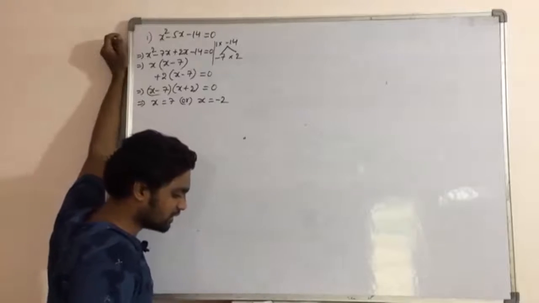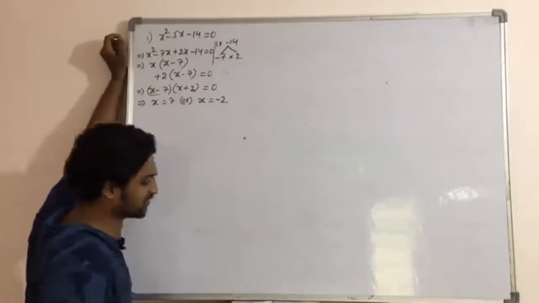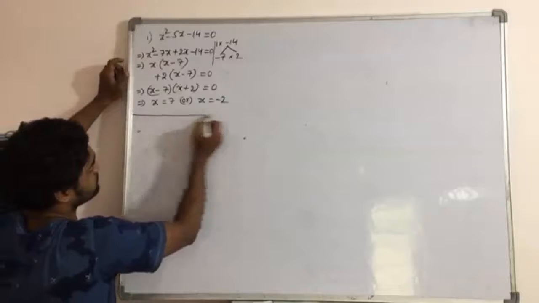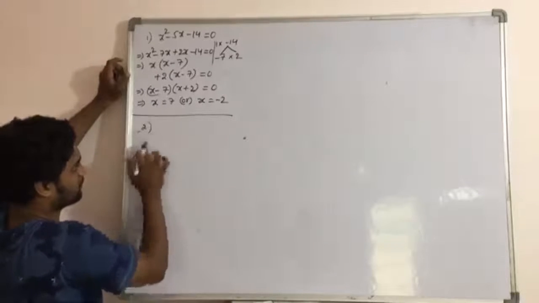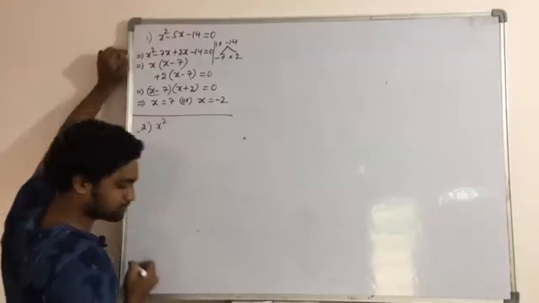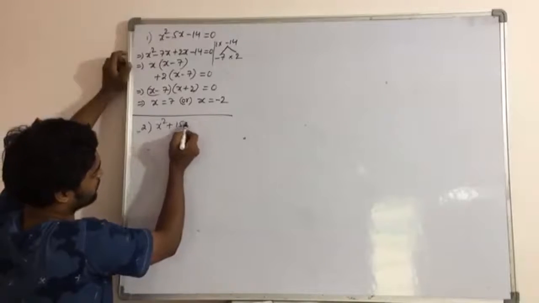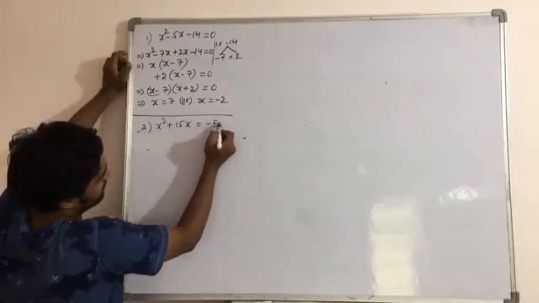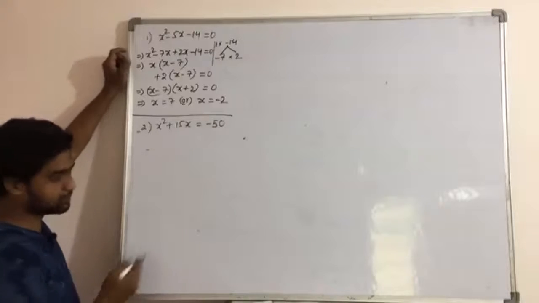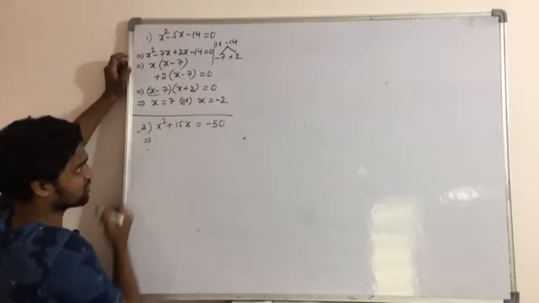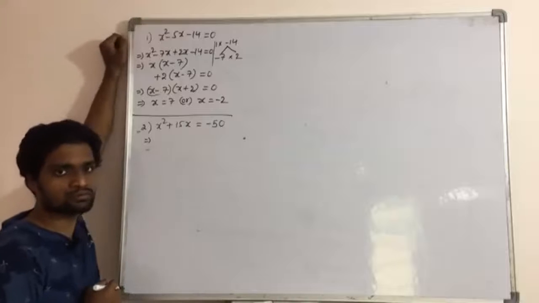Next one: x square plus 15x is equal to minus 50. So what will you do now?